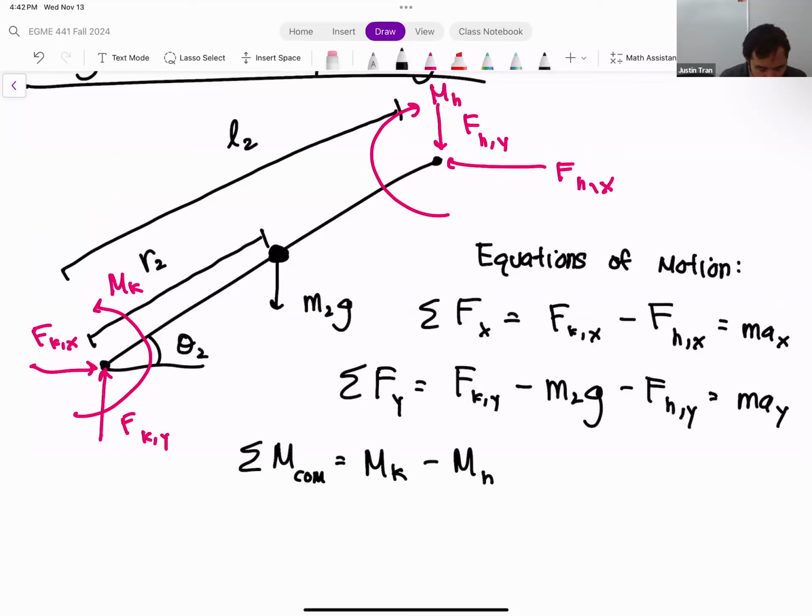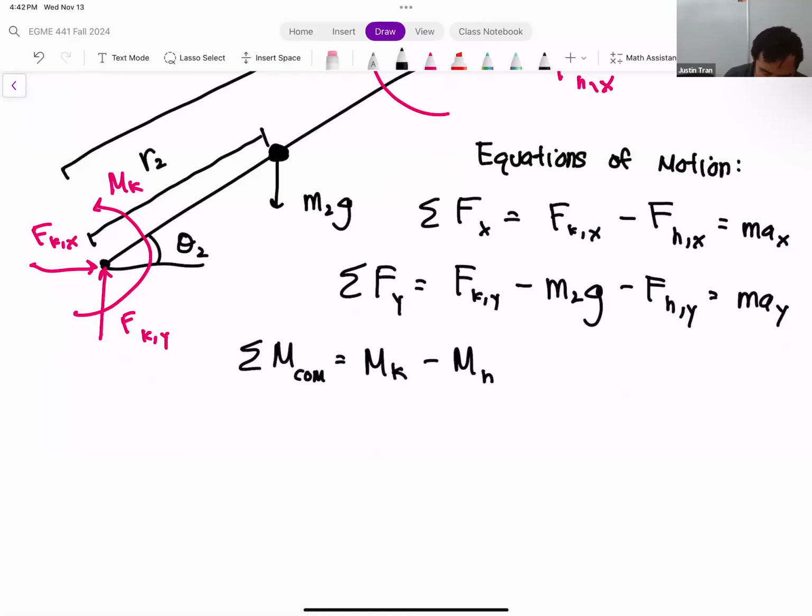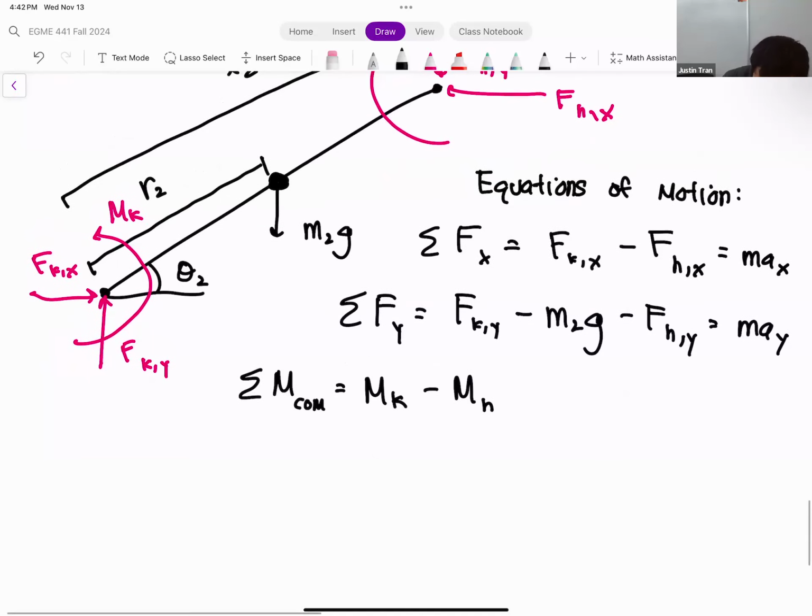First, let's do the forces at the knee. Let's start with FKX. We have FKX multiplied by R2, and geometrically it's nicer here because the angle is acute, so we don't have to do any kind of weird 180 minus an angle. So we have FKX R2 multiplied by sine of theta 2.